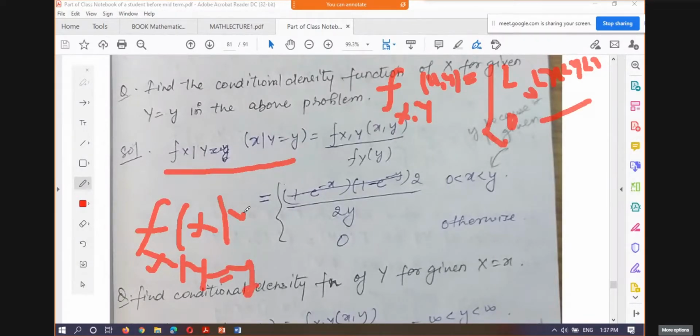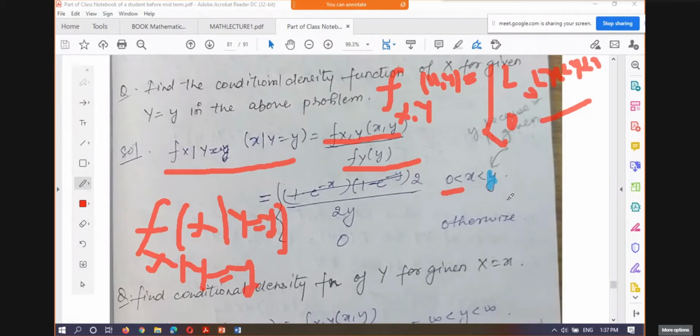Given y equal to small y, you know the definition: the joint density function divided by the marginal. Because y is already given, x cannot go beyond y, so we put the limit from 0 to y only.